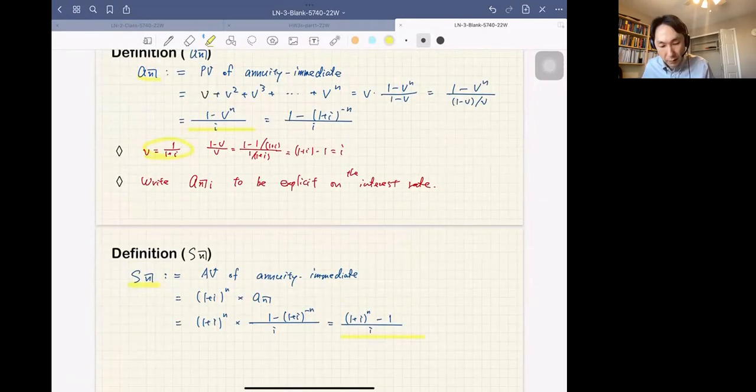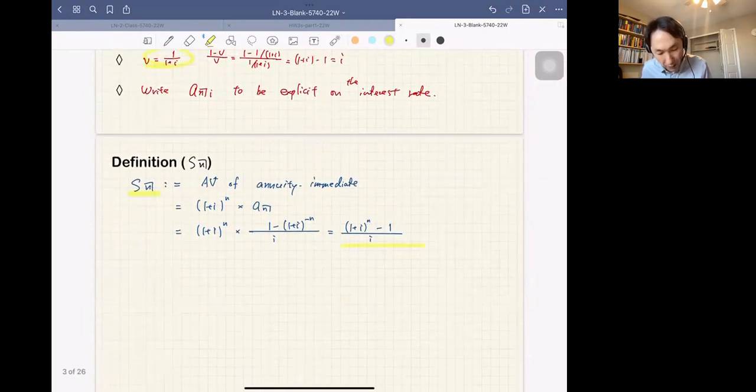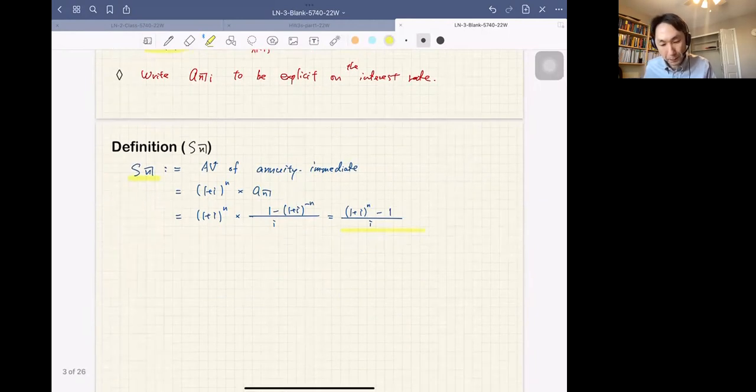Okay, so now that we have defined s angle n and a angle n, with n and i given we can calculate this immediately, and our calculator, the BA II Plus, has the function to calculate this at once.